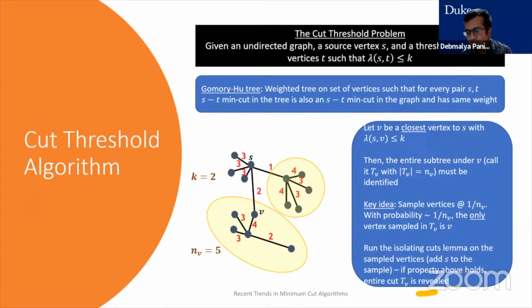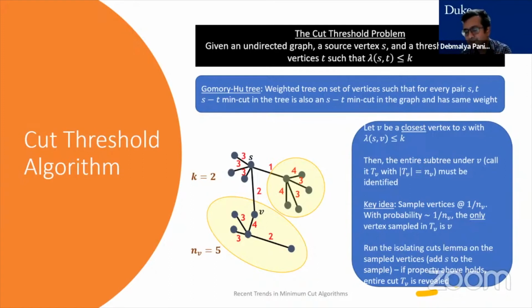Since V is the only vertex sampled in T sub V, the isolating cuts lemma will actually reveal this entire cut T sub V, because that's the smallest cut cutting off V from the rest of the sampled vertices. So that's the main idea: we are going to be sampling at rate about 1 over n sub V.